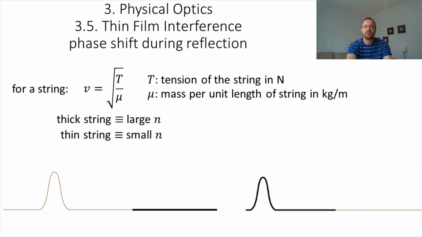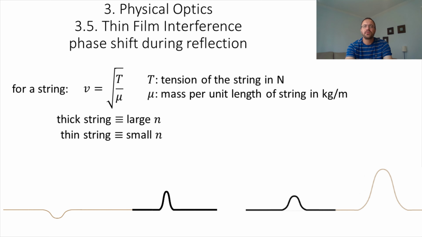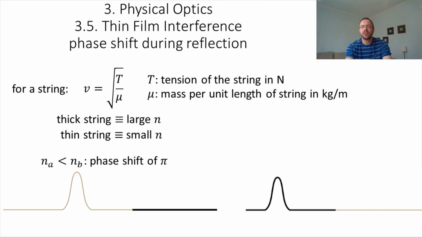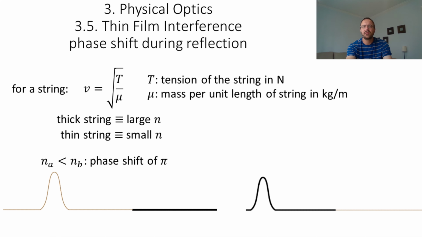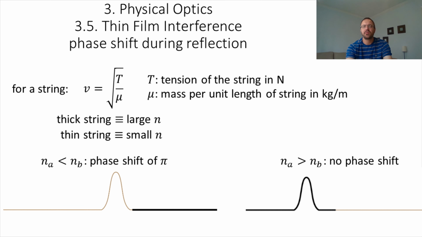So the index of refraction is like the thickness of the string: large n, thick string; small n, thin string. And now, if you look at the reflection of a wave pulse, when we go from a fast to slow wave speed, you can see a phase shift of pi. And when you go from a slow to a fast wave speed, then there is no phase shift.